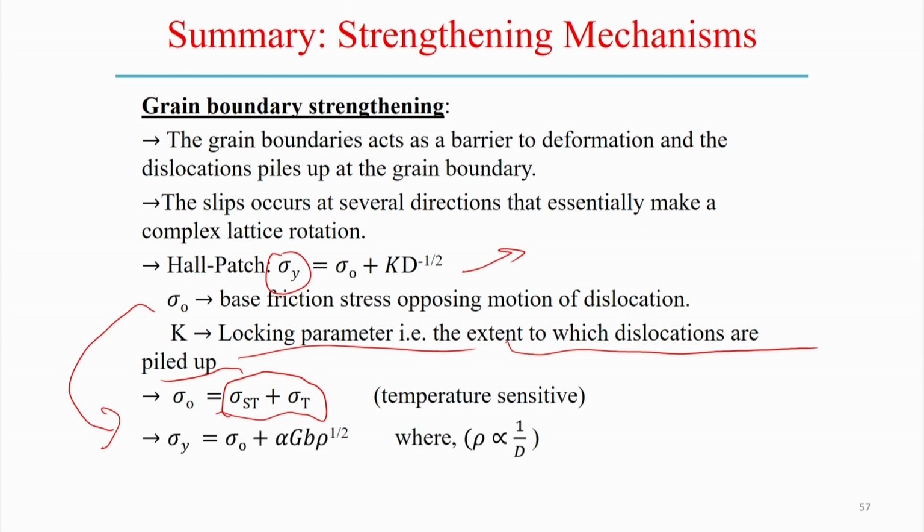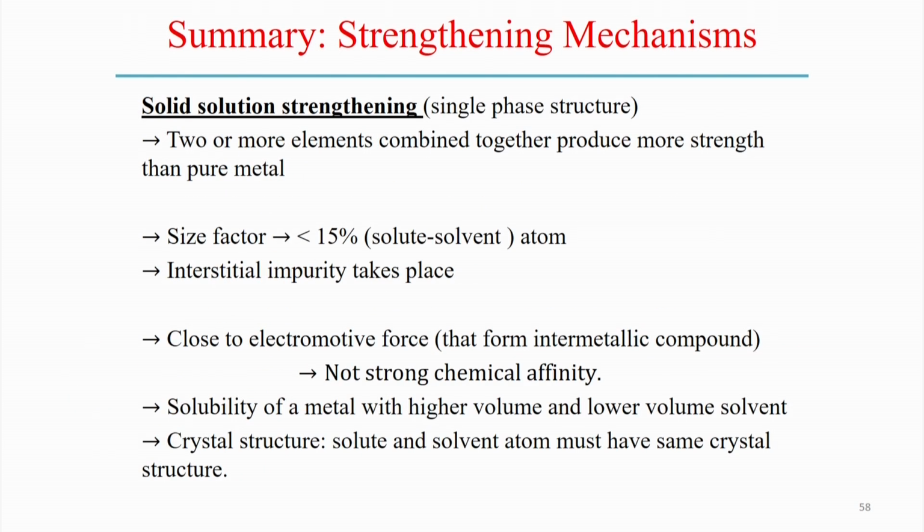Also, the yield strength can be represented in terms of the dislocation density, assuming the dislocation density is proportional to 1 by d. That means it is inversely proportional to the grain size. So these are the typical mechanisms related to grain boundary strengthening.